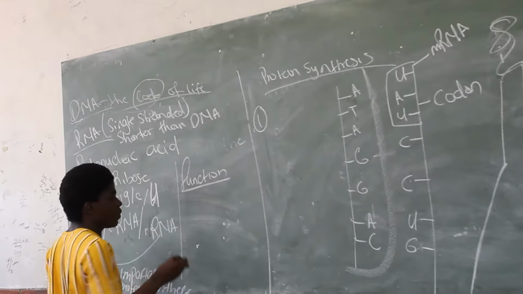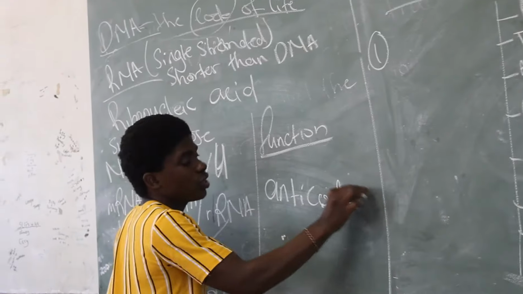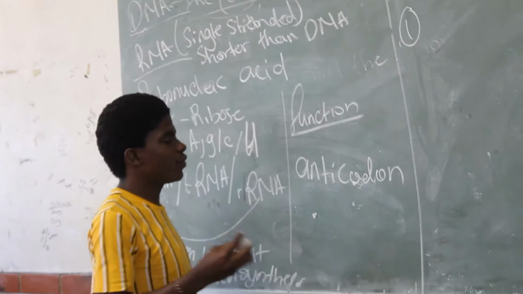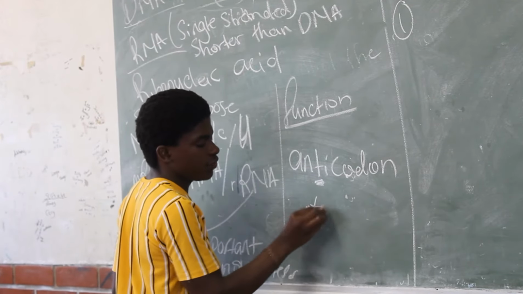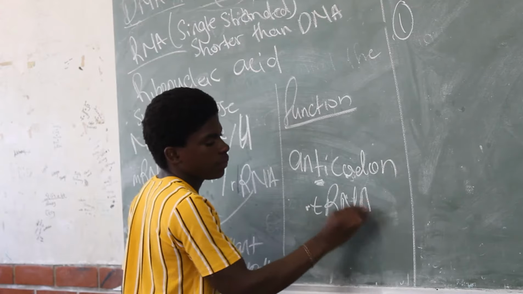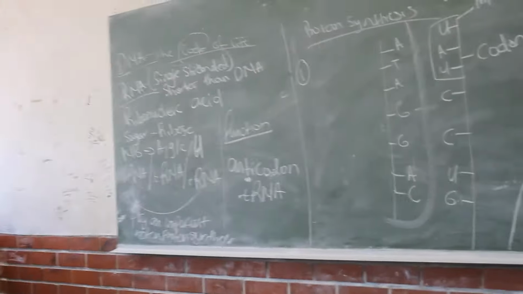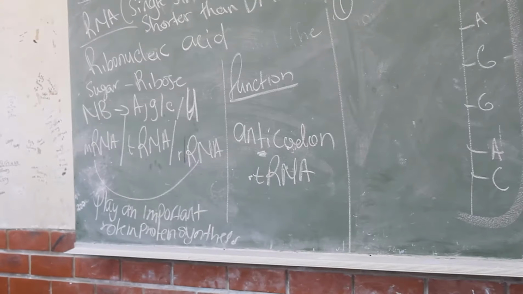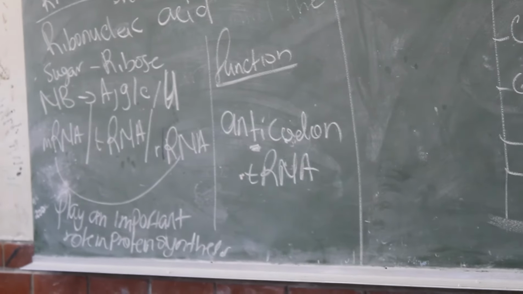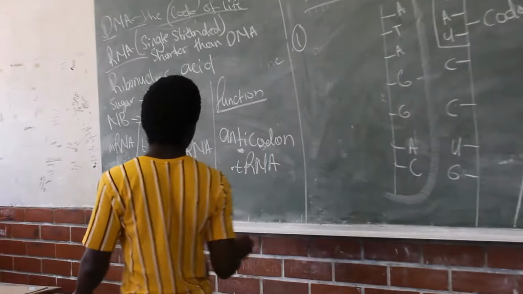So as to remember, you cannot forget this: anticodons have a T, for transfer RNA. So when they have a T, what does that tell you? They are for transfer RNA. And then you have codons.